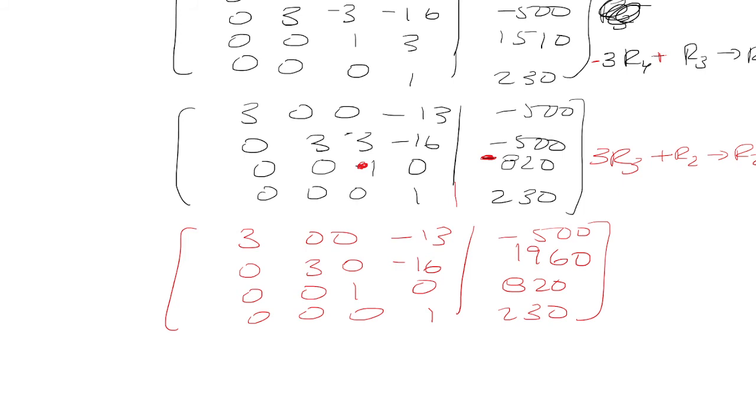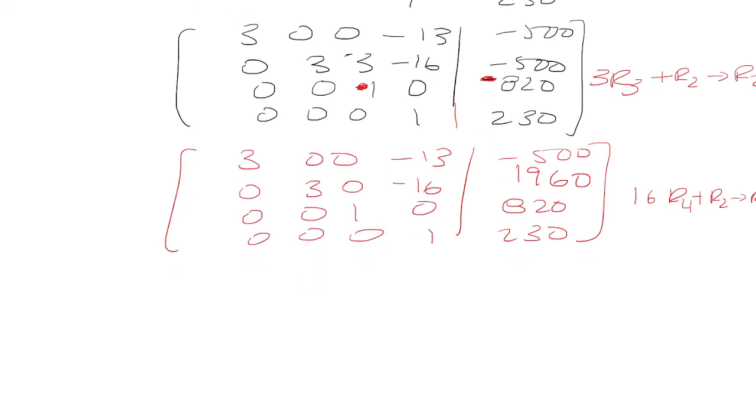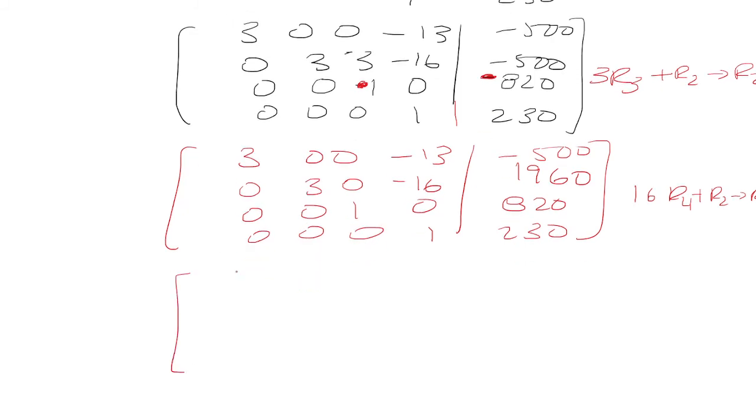Now we need to take care of the negative 16. So we're going to do 16 times row 4, and then add it to row 2. So the last row, they're all going to be zeros except the one here and the 230. This one, 16 times 1 plus negative 16 is going to be 0.